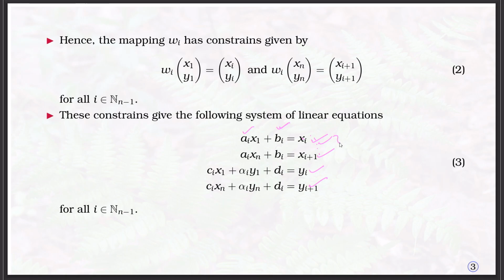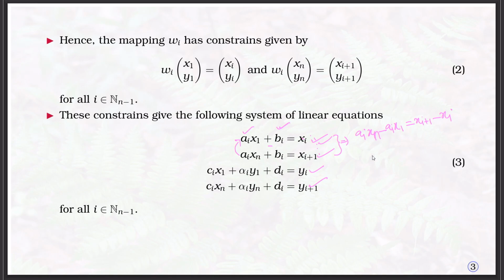If you subtract these 2 equations, for removing the b, ai xn minus ai x1, this b will cancel, which is equal to xi plus 1 minus xi.